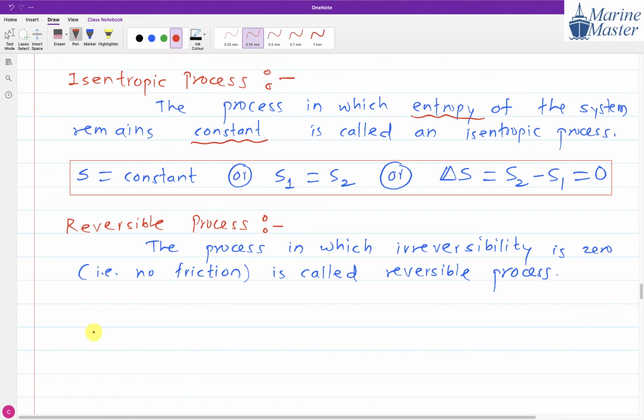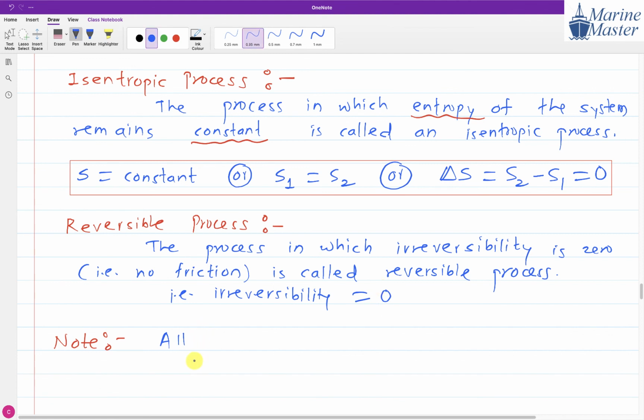And one important note that we have to understand here. What is meant by reversible process? The process in which irreversibility is equal to 0.